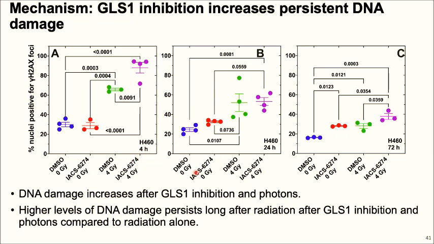We see that for the cells that we treated with radiation and the GLS1 inhibitor, in general, we have a trend of higher double-strand break foci. And this persists even for a very long time after radiation, up to 3 days.